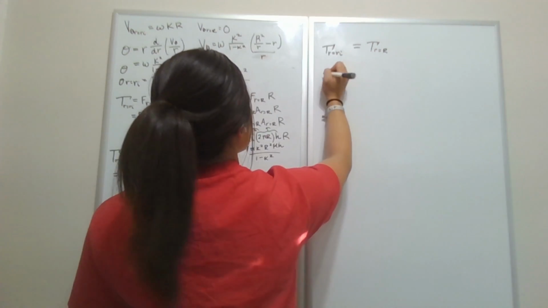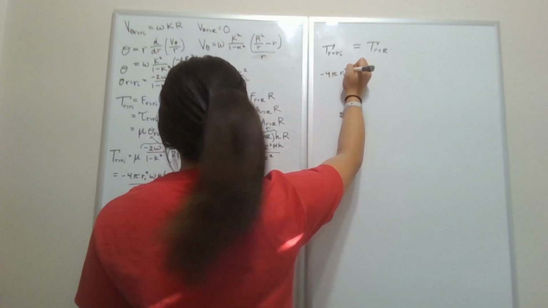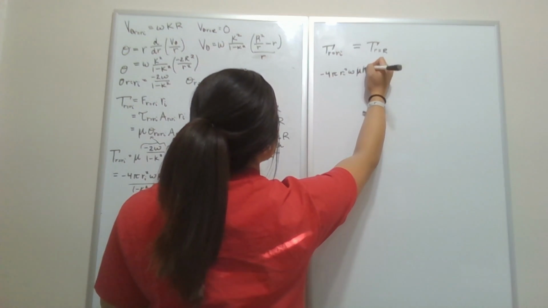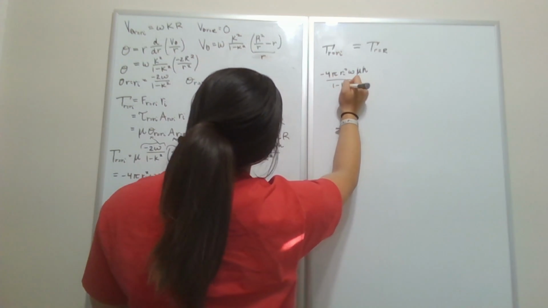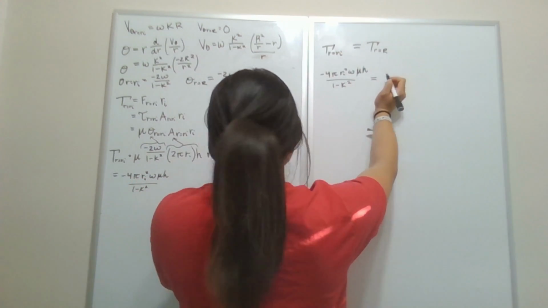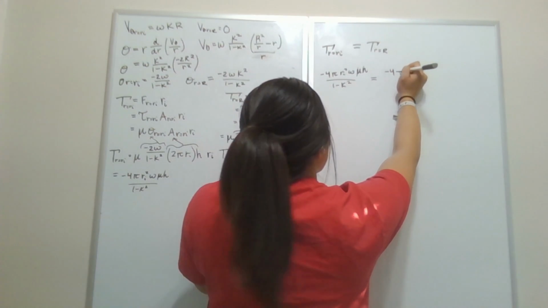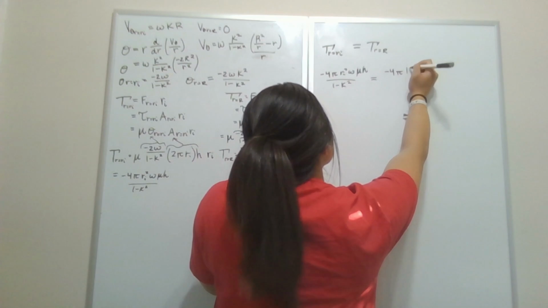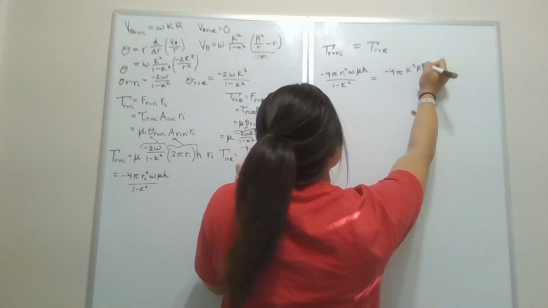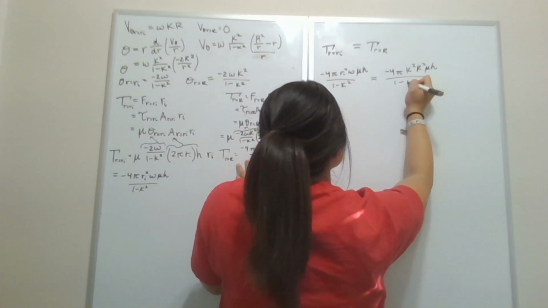We have negative 4 pi times the inner radius squared times the angular frequency times the viscosity times the height divided by 1 minus the proportion between inner and outer radii squared is equal to negative 4 times pi times the proportion between inner and outer radii squared times the outer radius squared times the viscosity times the height divided by 1 minus this proportion squared.